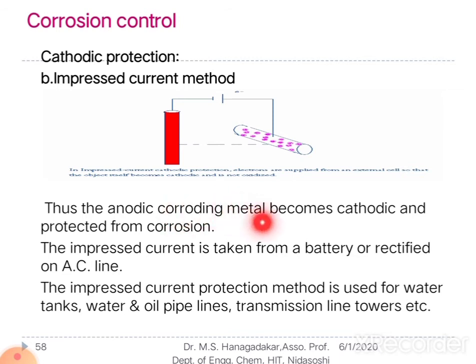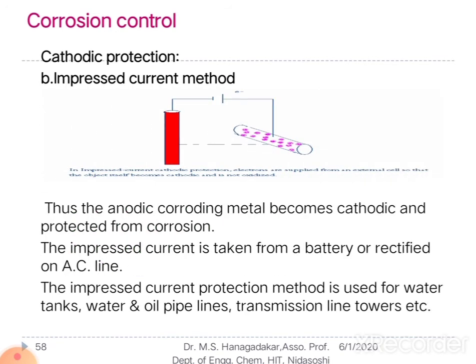The anodic corroding metal becomes cathodic and is protected from the corrosion. The impressed current is taken from the battery or rectified AC. The impressed current protection method is used for water objects or tanks, water pipelines, transmission lines, towers, etc.